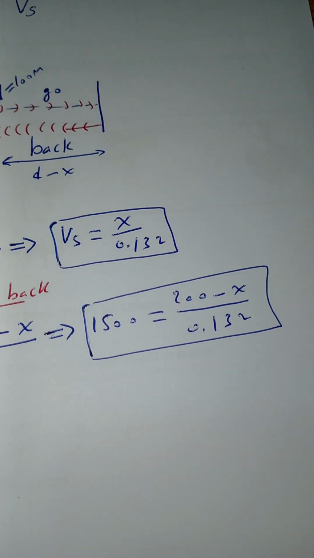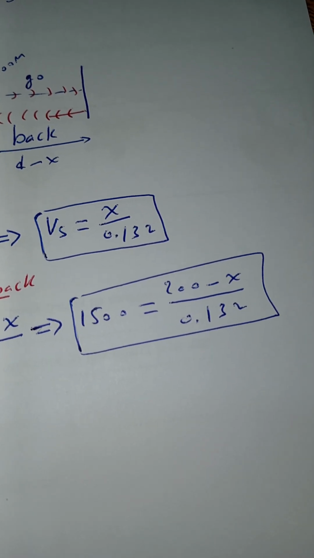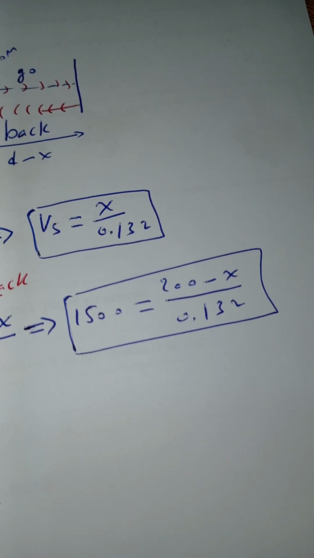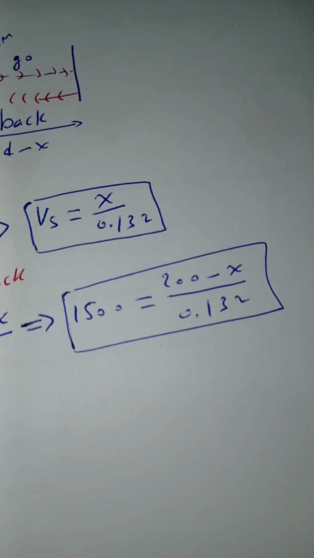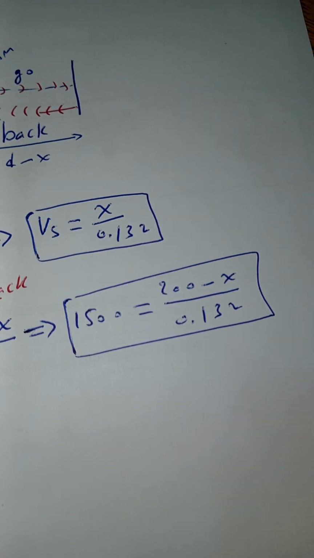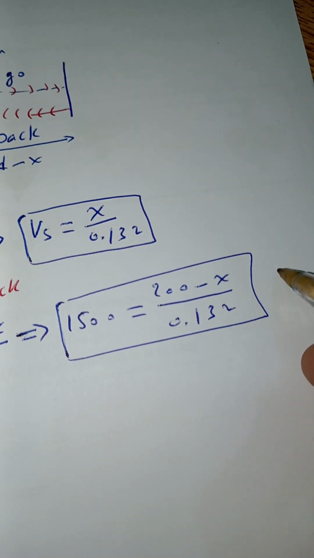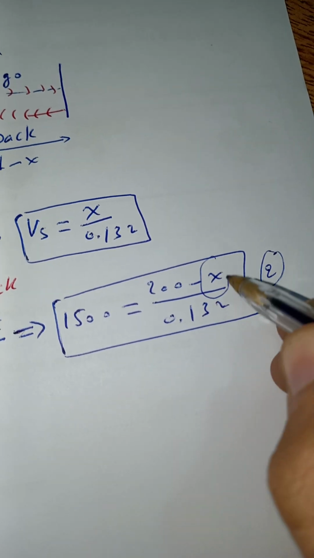And we obtain this expression: 1500, which is the speed of sound, equals 200 minus x over 0.132. From this equation 2, for example, we can calculate the value of x.